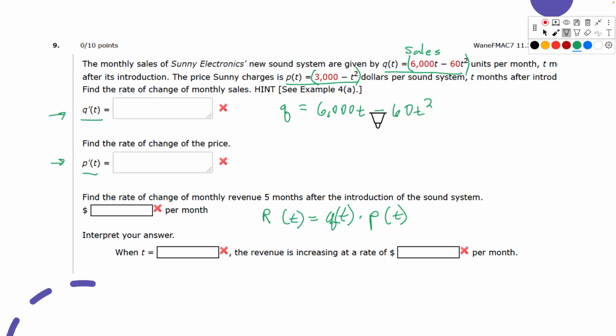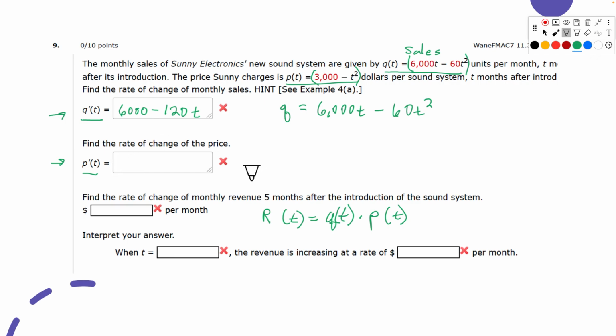So the derivative is going to be what? 6,000. The t goes away. It's t to the first power. And then I'm going to have minus 60 times 2, so that's minus 120 t to the first power. So that's the answer to the first one. But notice I'm setting up my formula to get the product as well.